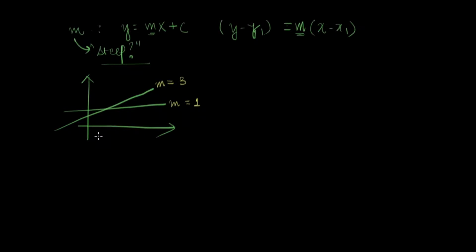So if the line goes steeper and steeper, if it climbs really quickly with respect to the movement along the x direction, that is, if you are a person who is trying to go in the direction in which the line heads, you would find it harder to climb this line than to go along this line. And we have defined m to be equal to something which measures the ratio of the distances in the y direction and the x direction.